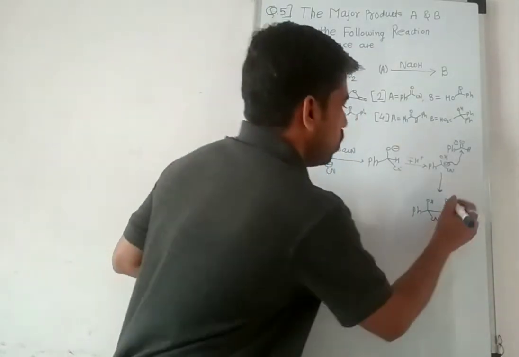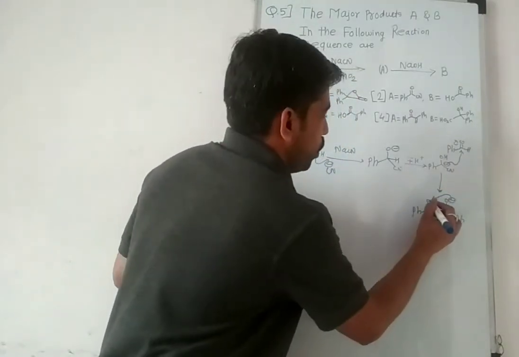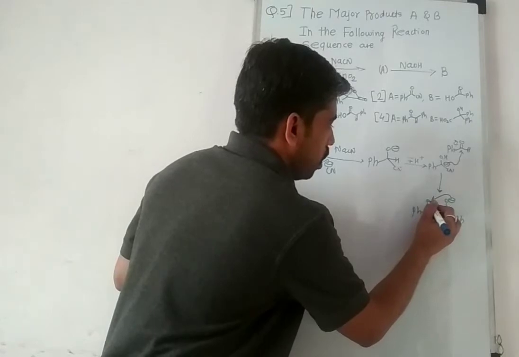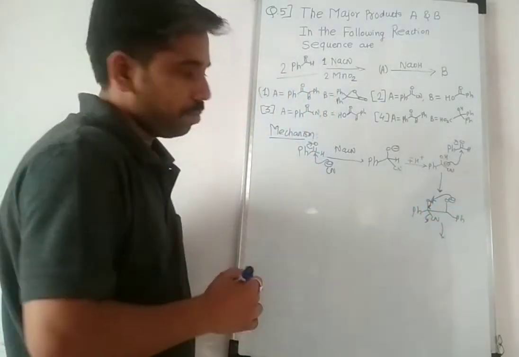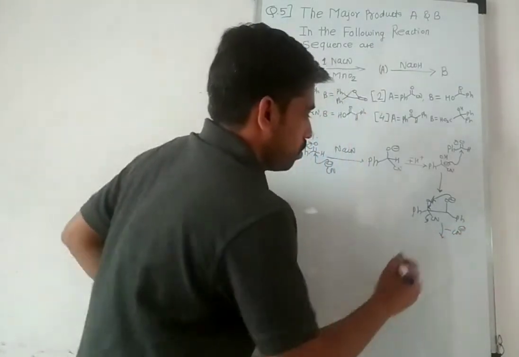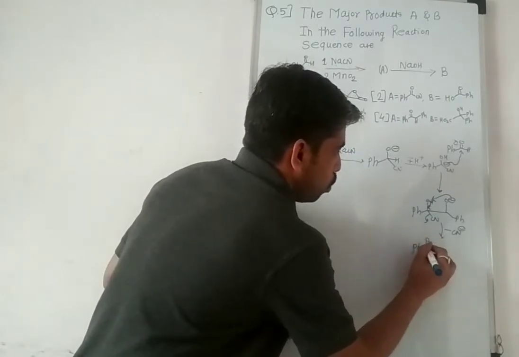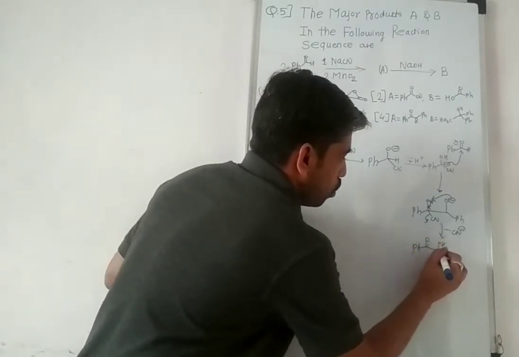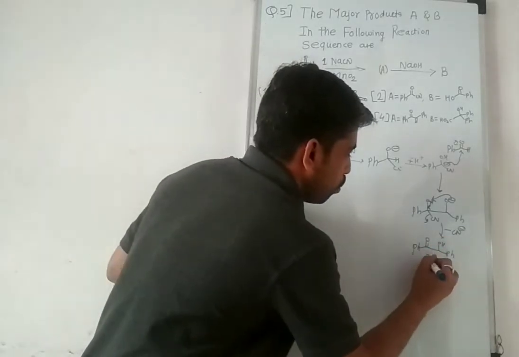Then there is a proton exchange between this oxyanion and OH, and after abstracting the proton, there is an elimination of cyanide, or loss of cyanide, and we get C double bond O, OH, Ph. This is benzoin.